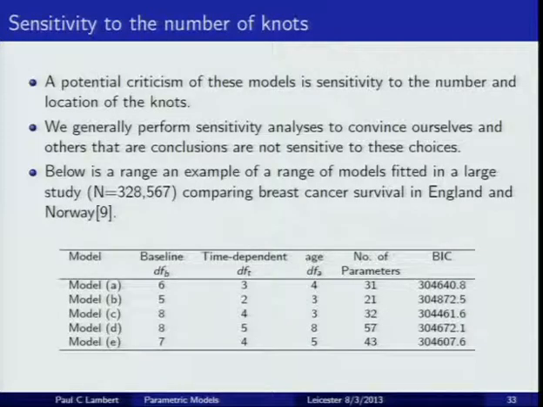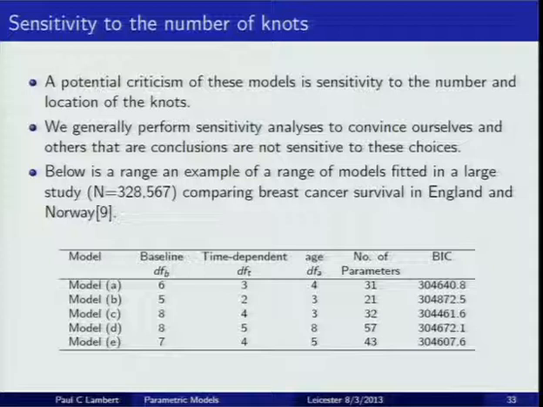Just a final point about the use of splines. I'm sure there'll be some questions about choice of knots and locations, and I think this is an important area. This is just an example of a sensitivity analysis we do. This is from quite a complex model involving the baseline effect, multiple time-dependent effects, and we also used continuous age, which we used splines for.